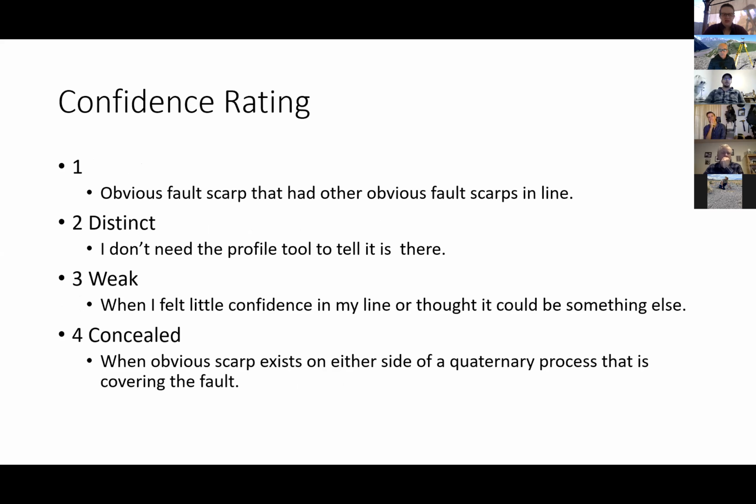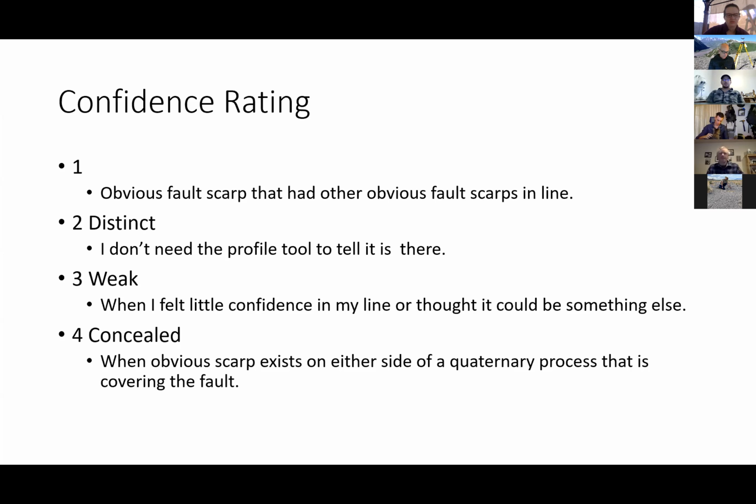So my confidence rating, oh, 1 is supposed to be strong. So my strong confidence rating, that's where I could see an obvious fault scarp, and when it lined up with other obvious fault scarps, I was like, oh yeah, for sure, that is a number 1. That's a strong. 2, distinct. I put that one when maybe it was lining up with some other strong faults, but it didn't have as much offset or didn't seem as obvious to me.